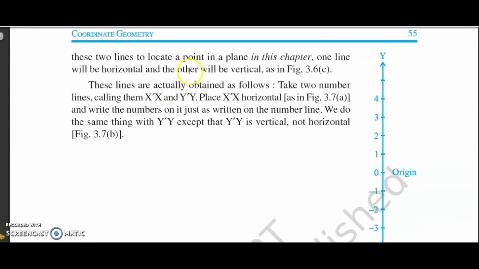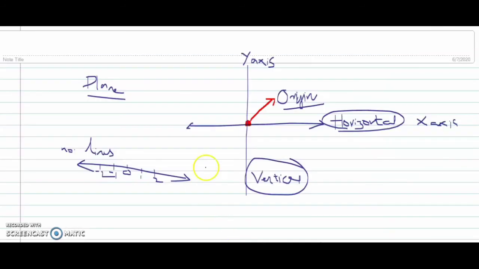The lines are obtained as follows. Take two number lines, x dash x, that is the x-axis, and y dash y, the y-axis. Place the x-axis horizontally, that is x dash, and the vertical line as y dash, with the origin O, the point of 0 where the x and y axes meet.